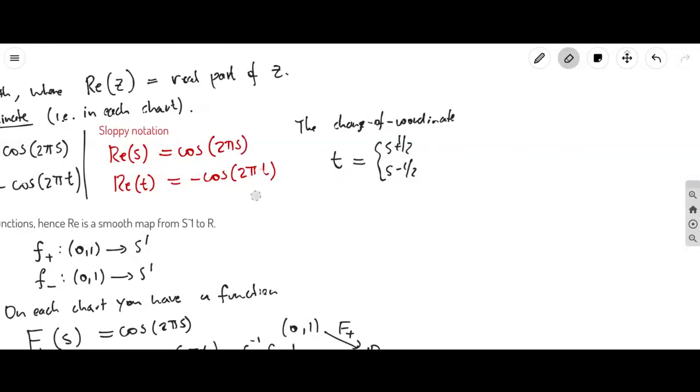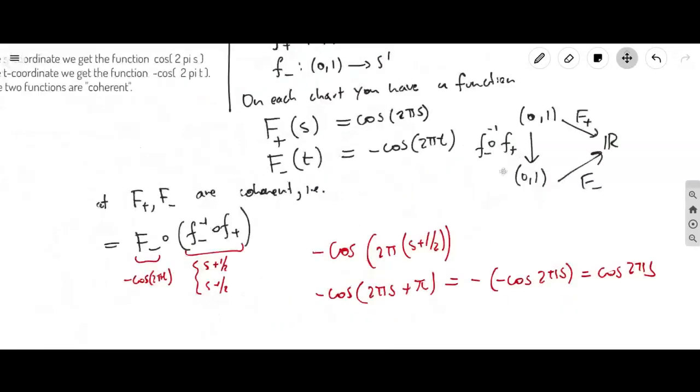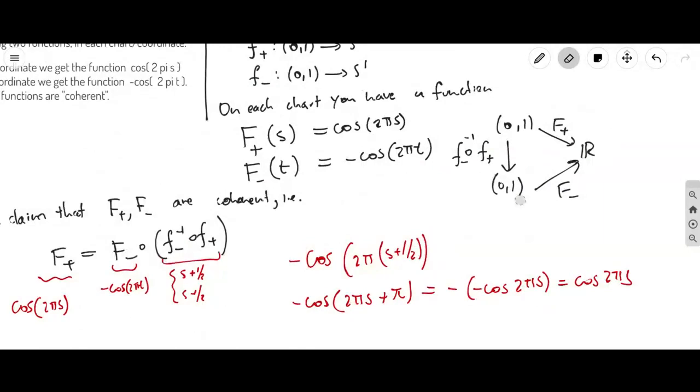And then you basically have this function and this function. Those are the representations of the real part function with respect to each of the two charts. And if you replace t by this change of coordinates, you get consistency. They're giving you the same function. This is often the way we do it, because notation-wise, it's a lot simpler than writing out all of these compositions. But more formally, this is really what you're checking.